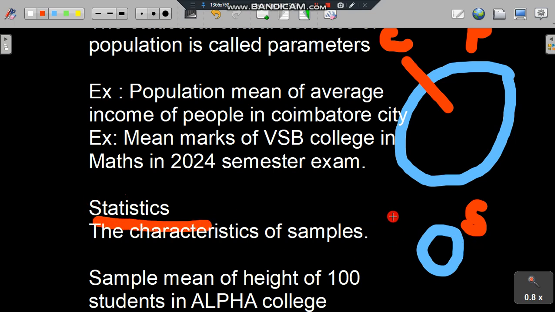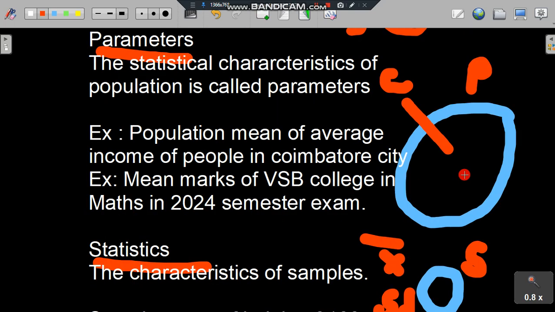Take for example x bar, the notation for the mean of the sample, or the standard deviation of the sample. These are examples of statistics. And for the population, mu is the mean of the population.